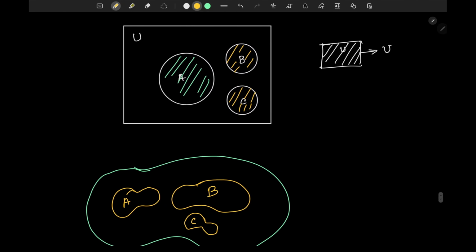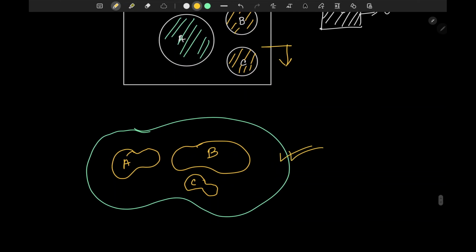But from what I know and have seen so far, people usually go for this sort of figure because somehow it became a convention. But there is nothing wrong with this diagram as well. So whenever you have some sets, you can draw some pictures for each and every one of those sets, and those pictures will represent whatever you're doing algebraically, and those pictures I'll just call Venn diagrams. That's it. That's all about Venn diagrams.